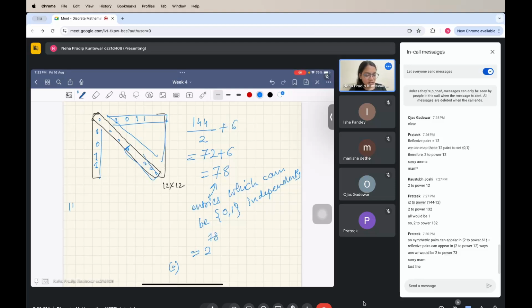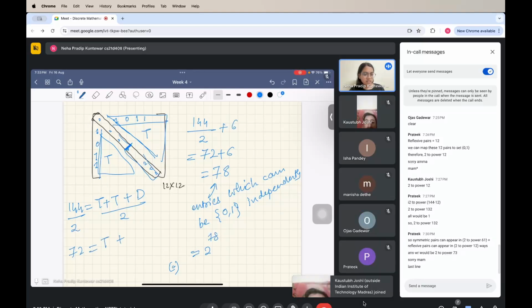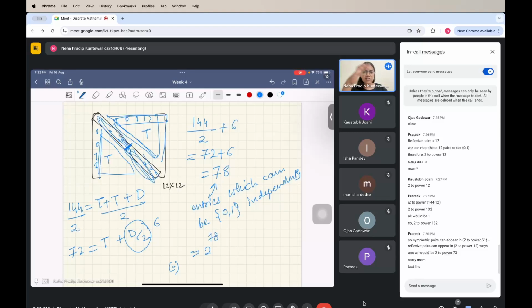The total number of entries is 144, which is the number of entries in this triangle, which is T, and you have the same number of entries in the other triangle, which is T, and then you have the diagonal entries. So when you divide this by 2, you get 72, the number of entries in the triangle, plus d by 2, which is 6 in this case. So you only counted the triangle entries plus the 6 entries here, but you also wanted to count the extra 6 entries, so I just added that 6 here.